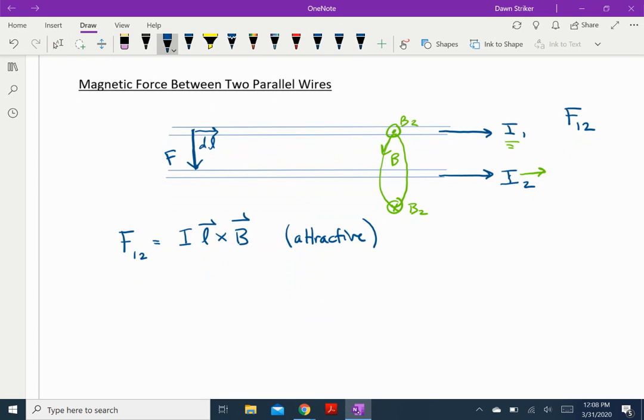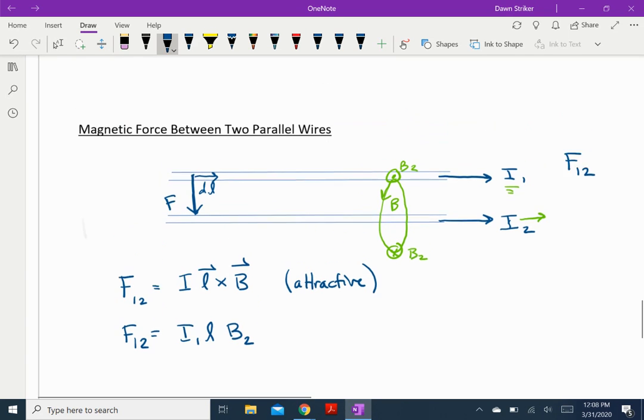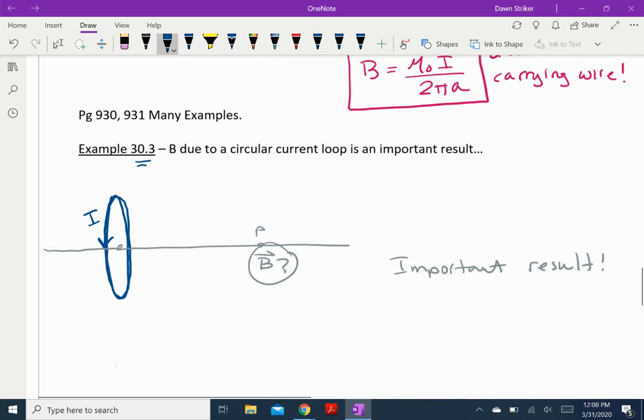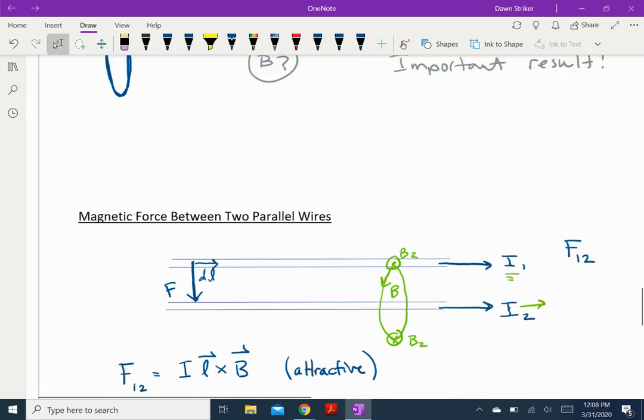So now let's just be careful with our variables. The force on wire 1 due to wire 2 is equal to the current in wire 1 times the length of wire 1 times the magnetic field set up by wire 2. And I know now a way to write down the magnetic field set up by wire 2. There it is. All right.